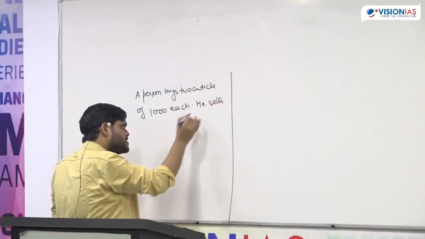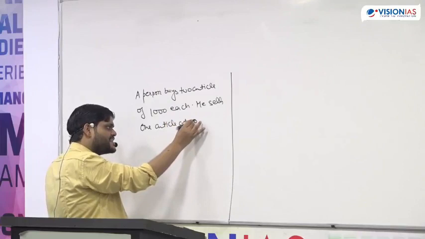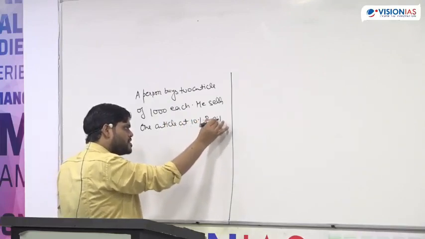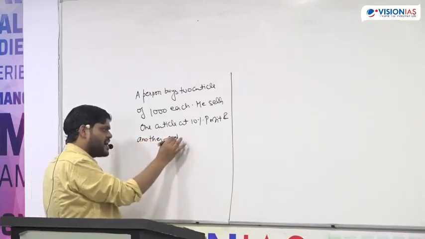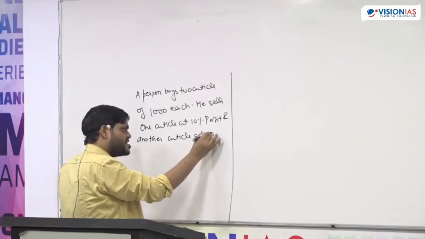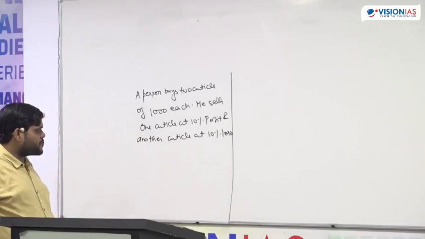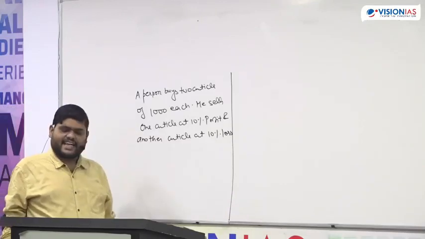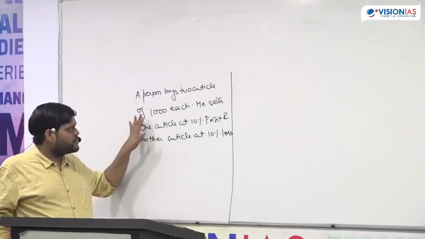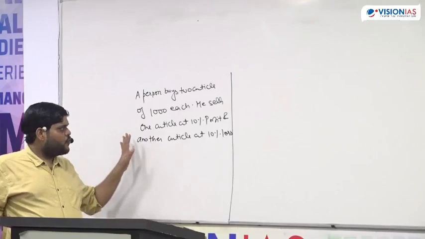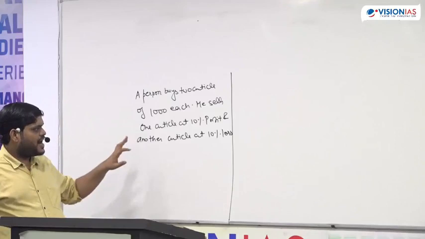He sells 1 article at 10% profit and another article at 10% loss. Okay? A person buys 2 articles of 1,000 each. He sells 1 article at 10% profit and another article at 10% loss.